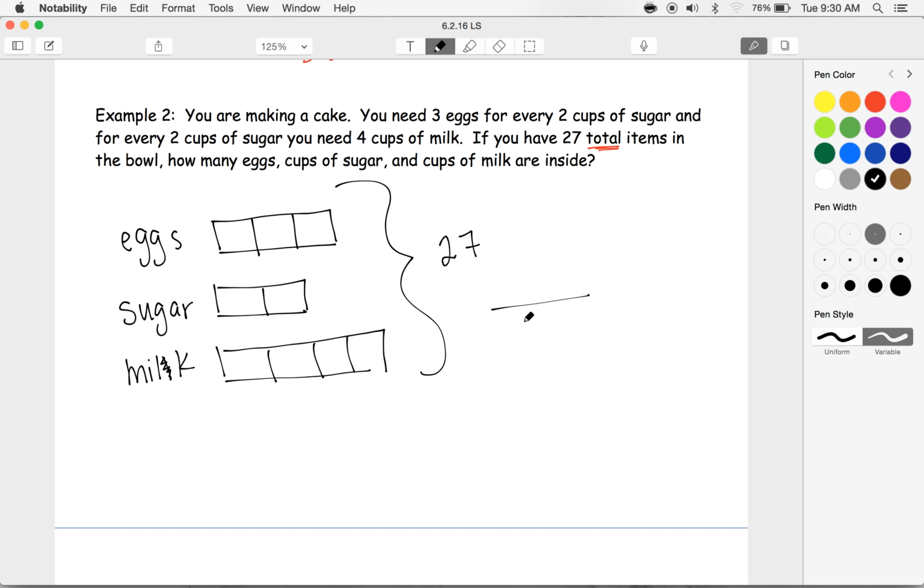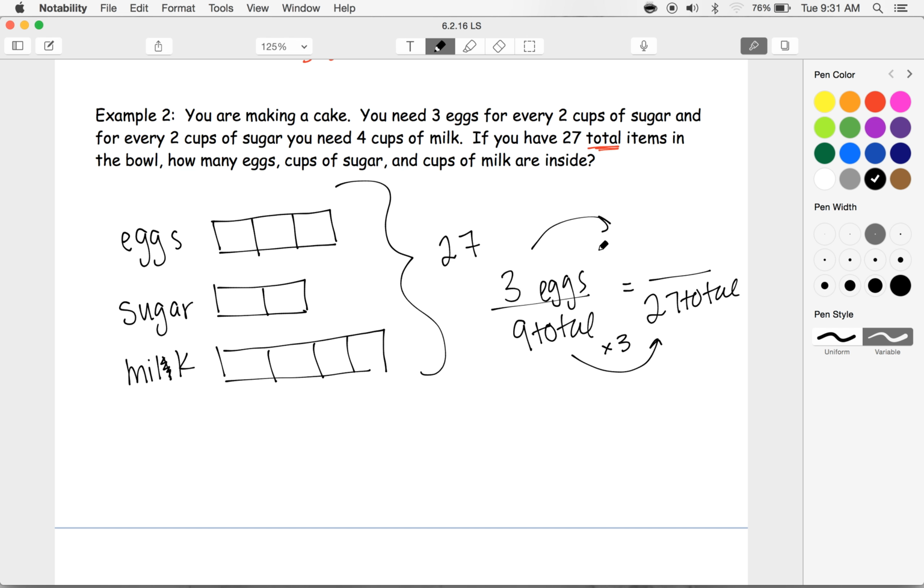So I can think about this like this. If I have 9 total, and I want to get to 27 total, how many eggs, sugar, and cups of milk are inside? Well, let's start with eggs. How do I get from 9 to 27? Well, I'm multiplying by 3. I had 3 eggs, so 3 times 3 is 9.